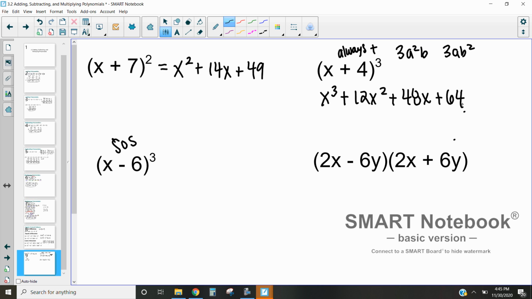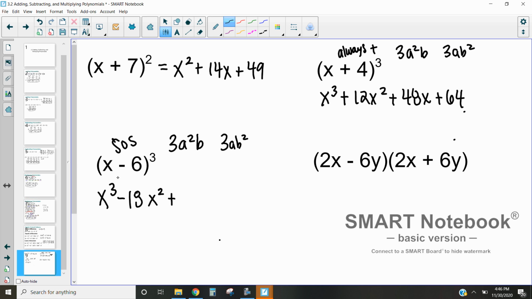Now let's take a look at this next one here, x minus 6 cubed. So in this case, we're going to get x cubed. Then we have the same sign, which is a minus, and we're still going to do this 3a squared b. So that means we get 3 times x squared times negative 6, which is actually going to give us a minus 18x squared here. And then our next sign will be the opposite, so a plus, and that's when we're going to do that 3ab squared.